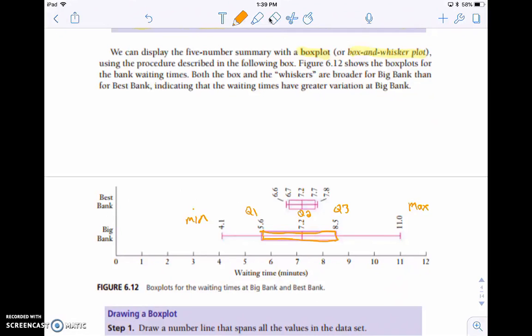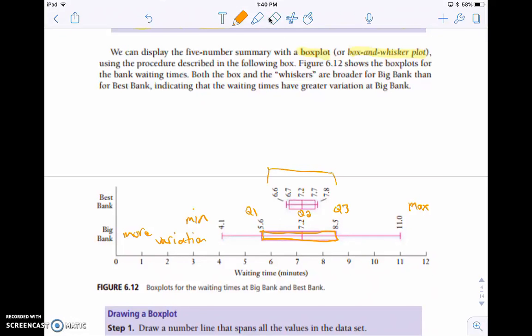But you can see, when we put these two box and whisker plots together, that the big bank has much more variation than the top one, which we call the best bank.